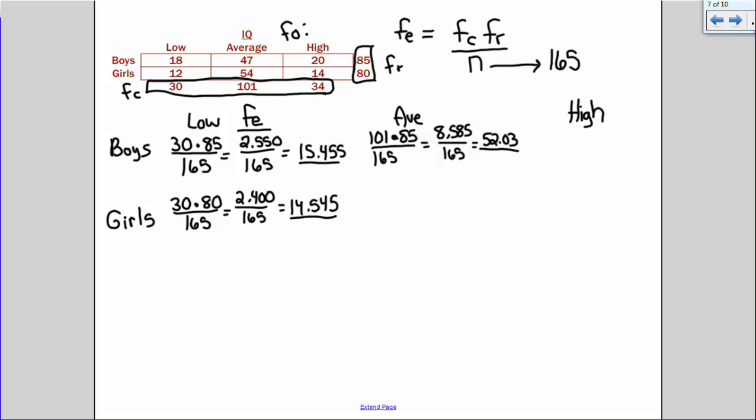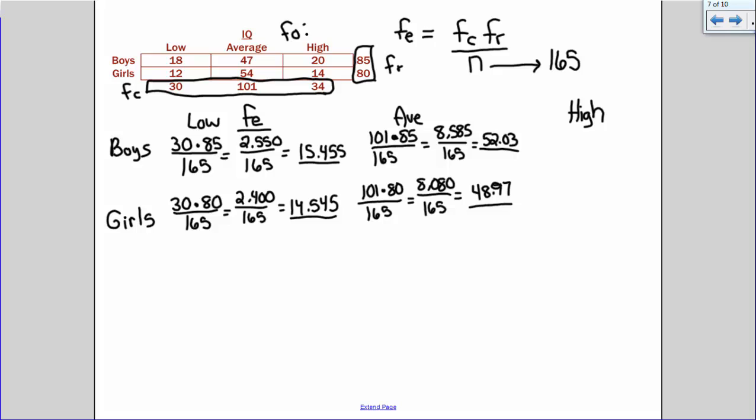All right, let's move on to girls with an average IQ. So 101 children with an average IQ in our sample, multiplied by 80 girls, divided by 165 people in the study. 101 times 80 gives you 8,080, divided by 165, and you end up with 48.97. So under the null hypothesis, we would expect 48.97 of the girls in our sample to have an average IQ.